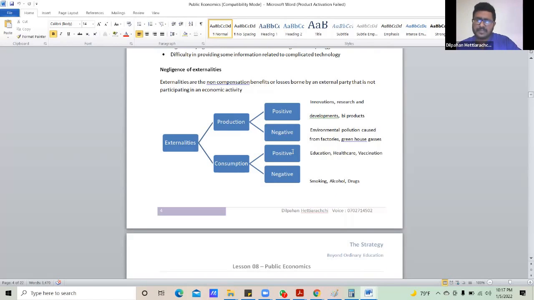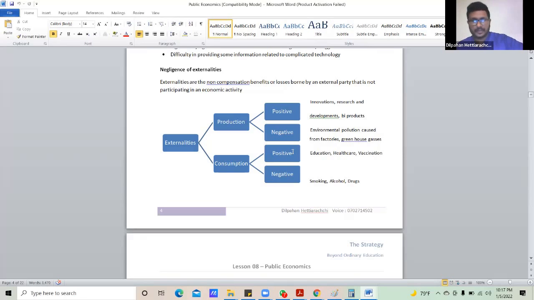You might have a problem. Why do we consider good things, these good benefits also, as a failure? The problem is the market economy doesn't consider both the cost and the benefit that come to external parties, and that is a failure, right?